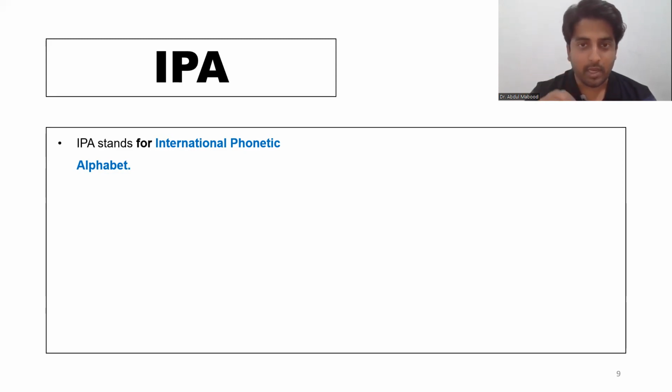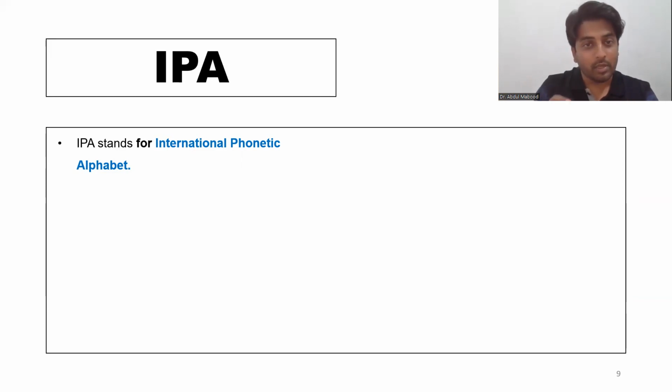Just keep in mind that for some time we have to forget about the English alphabet and the alphabet of your mother tongue, and then we are going to learn a new set of alphabet. I'm using the word language here, like Hindi and Urdu and English and Bengali.